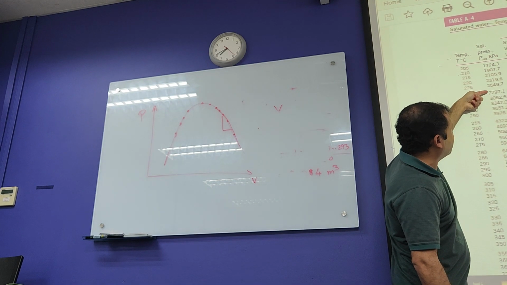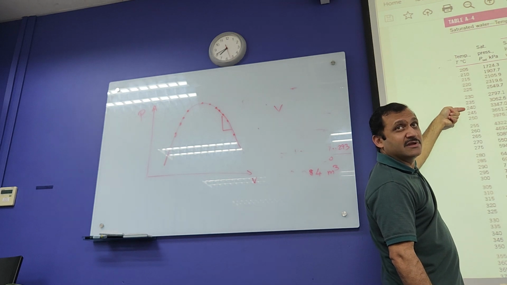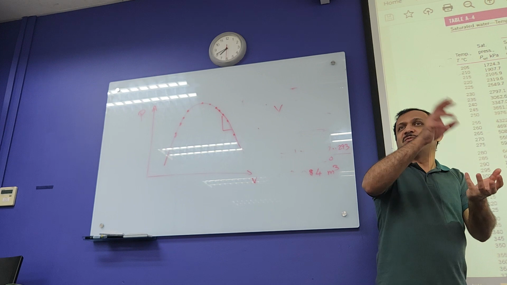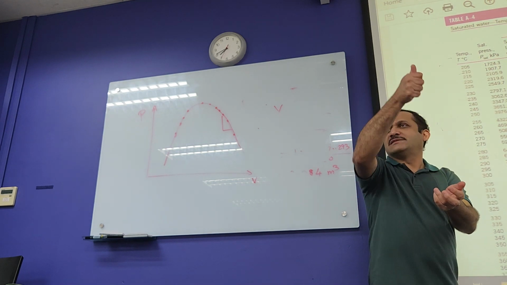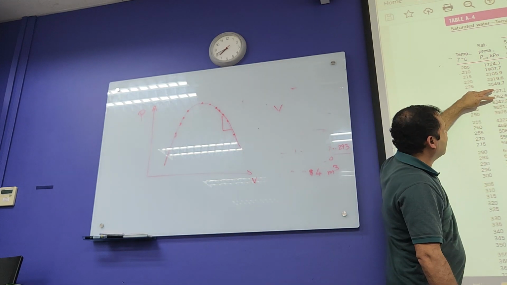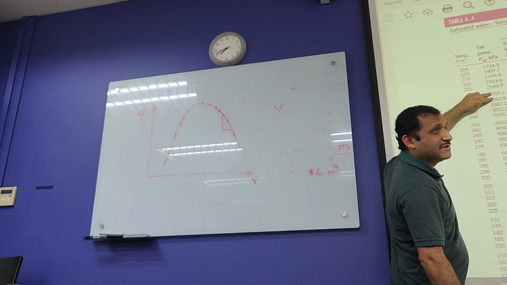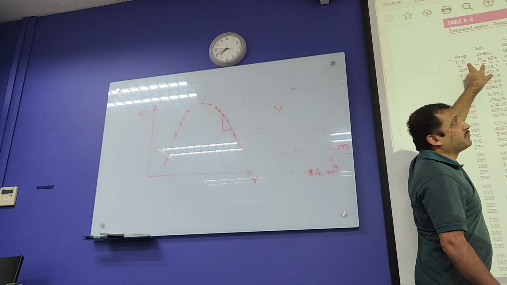For change in pressure, how much is the change in temperature? It's known. How has that data been developed? Someone has done those experiments, constant volume, heated it up and seen how much pressure is rising for how much temperature change. So you do dP, the change in pressure, divided by dT at saturated properties.